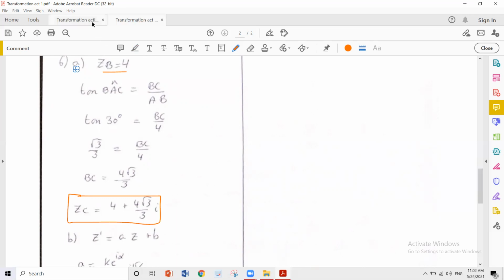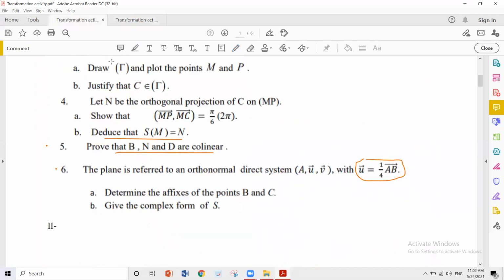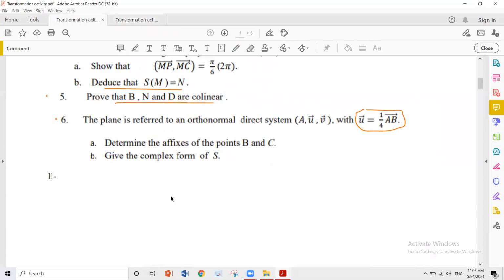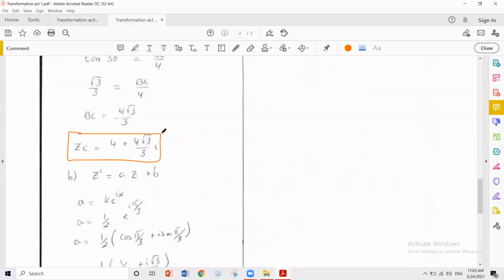The last part, give the complex form of S. How is the complex form written? The complex form: Z prime equals AZ plus B. What is A?